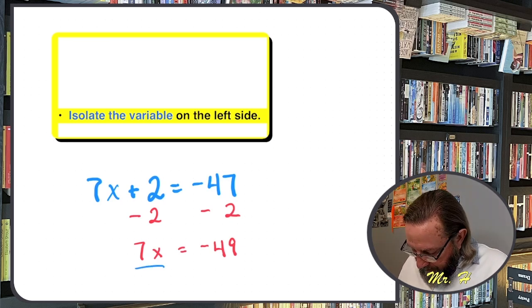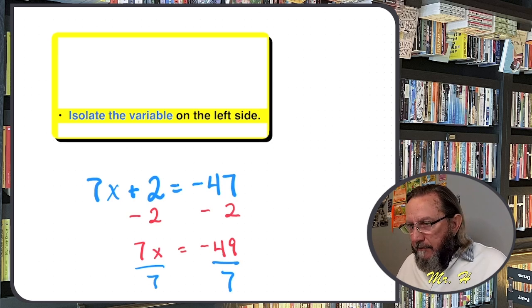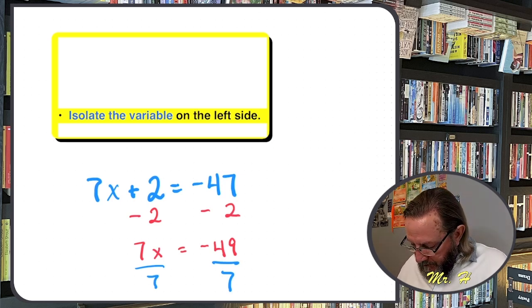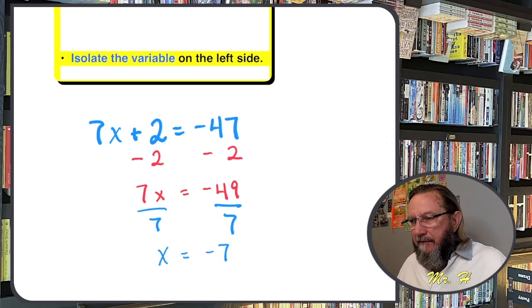So we're going to come back in and divide both sides by 7. And we all know that 49 divided by 7 is going to be 7. So our final answer is going to be x equals negative 7, because negative 49 divided by a positive 7 is a negative 7. So once again, those integer rules that we talked about in Module 1 coming back again.